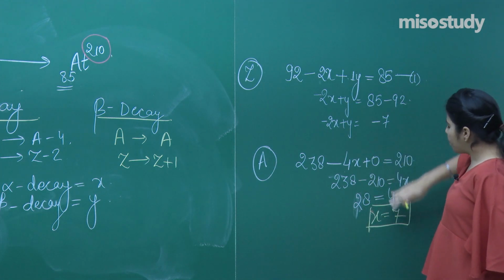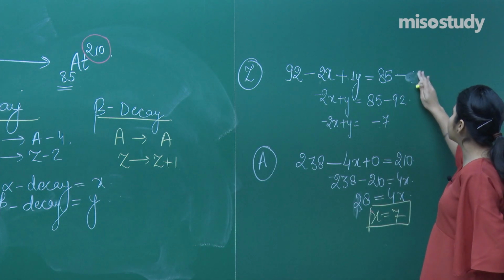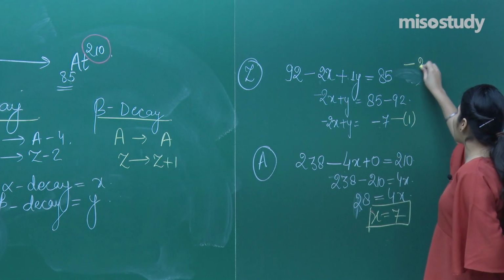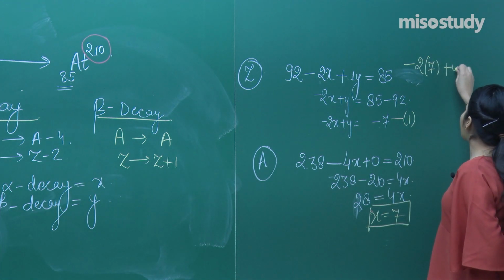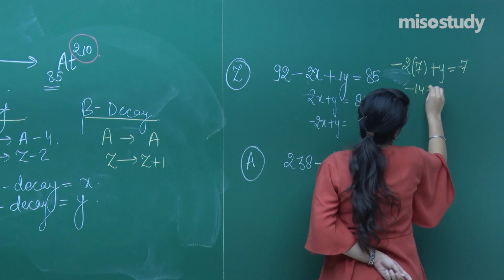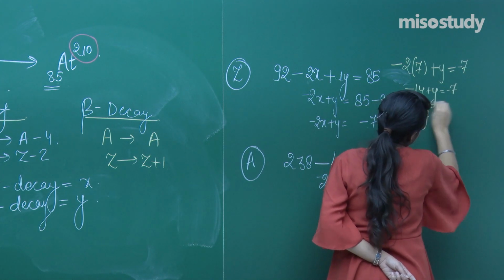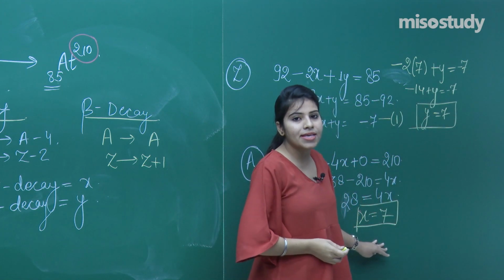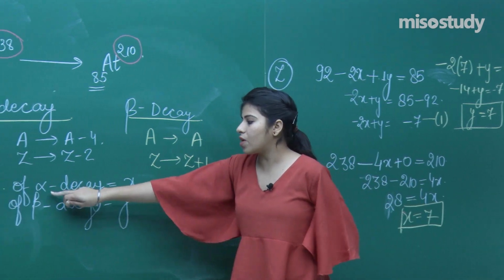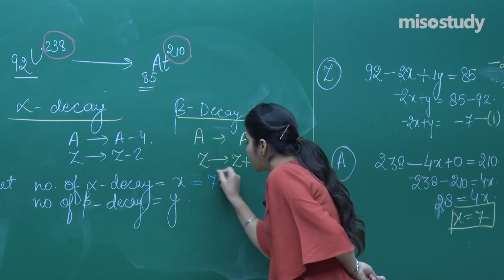Now if I put this x equals 7 in equation number 1, you will have minus 2 into 7 plus y equals minus 7. So you have minus 14 plus y equals minus 7, or y equals 7. So both the values, x and y, have come out to be 7. And you know that you considered the number of alpha decays as x, that means it has come out to be 7.